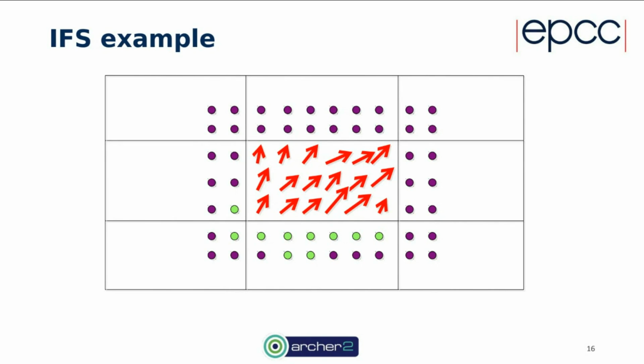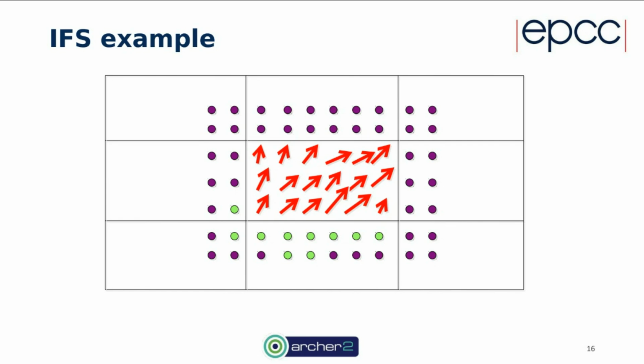Then the data that it actually needs for the next time step might only be the green grid points, which belong to other processes. But the MPI solution will not only communicate the green grid points, it'll communicate all the purple ones as well, despite the fact that data is not required by the process in the middle.